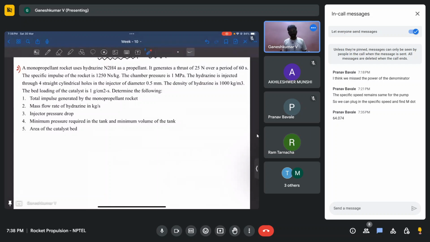Since it's installed with the satellite, whenever there is a correction, it will switch on for 1 or 2 seconds and switch off. That is how they perform this course correction.